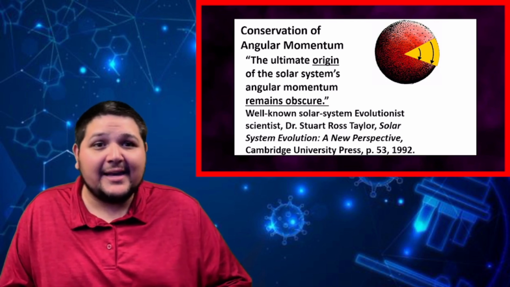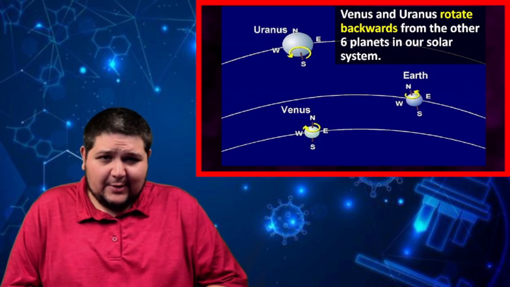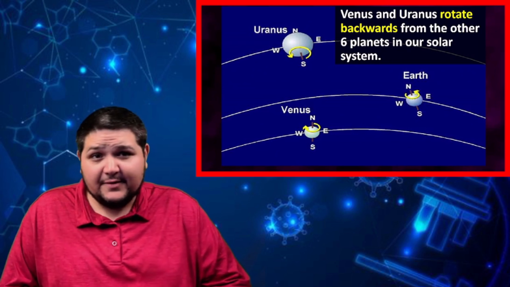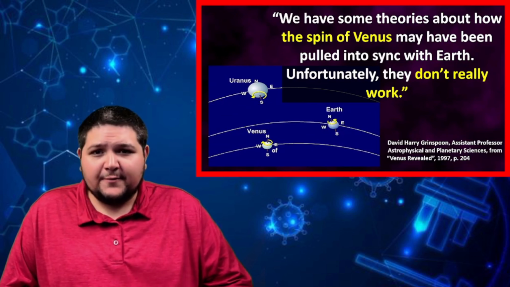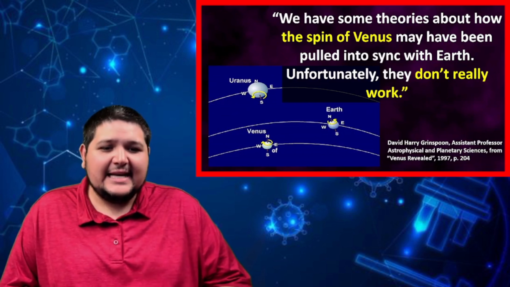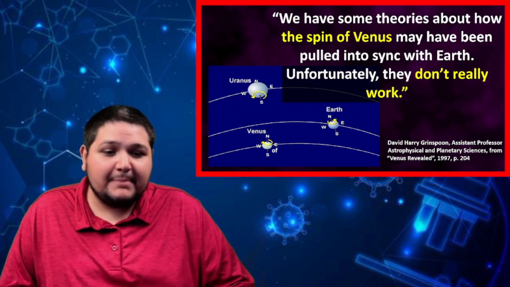But we're going to teach the Big Bang anyway. Another thing I wanted to point out is that Venus and Uranus actually rotate backwards from 6 of the other planets in our solar system. Here is a quote from another secular scientist, and he says that we have some theories about how the spin of Venus may have been pulled into the sink of the Earth. "Unfortunately, they don't really work."